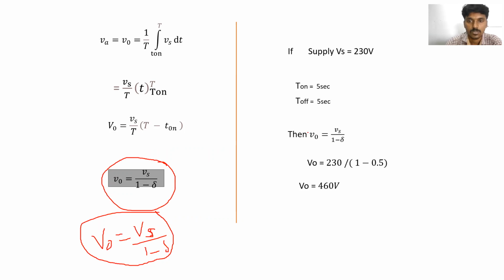For example, supply voltage 230, on time is 5 seconds, off time is 5 seconds. What will be the average output voltage?